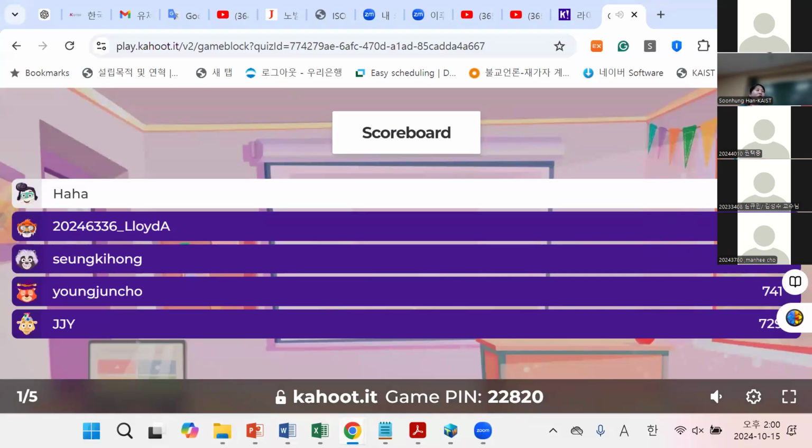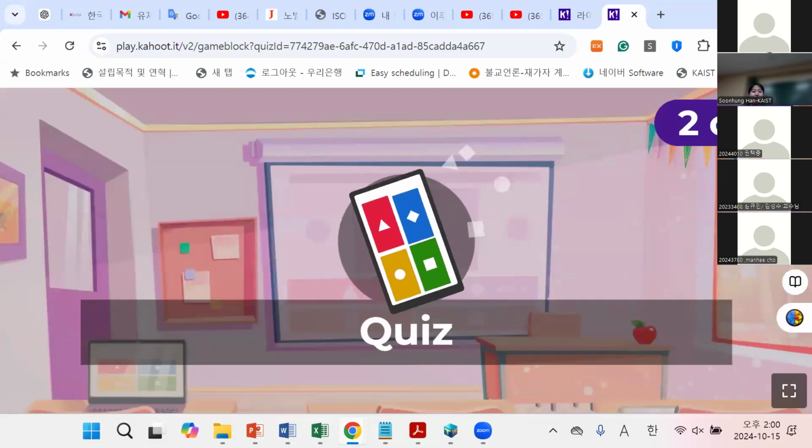If you press more quickly, you can get more score.